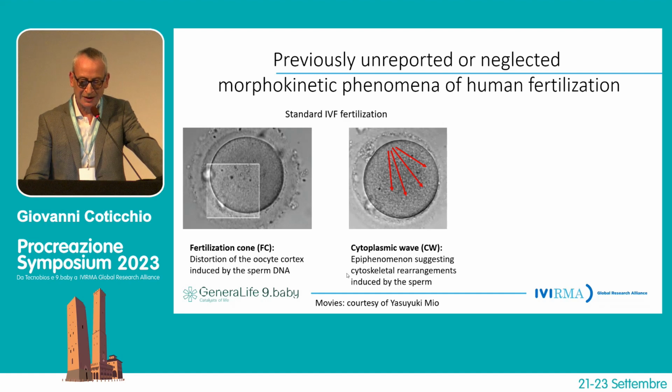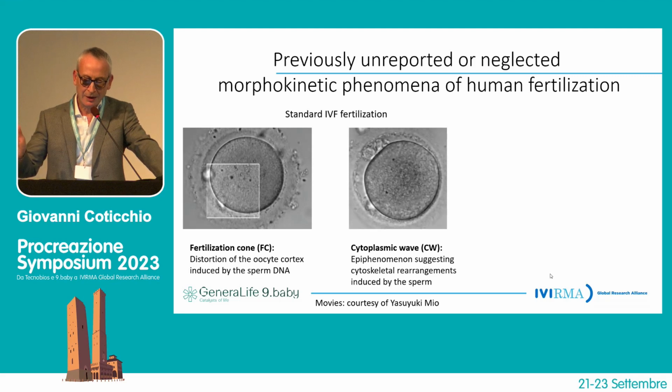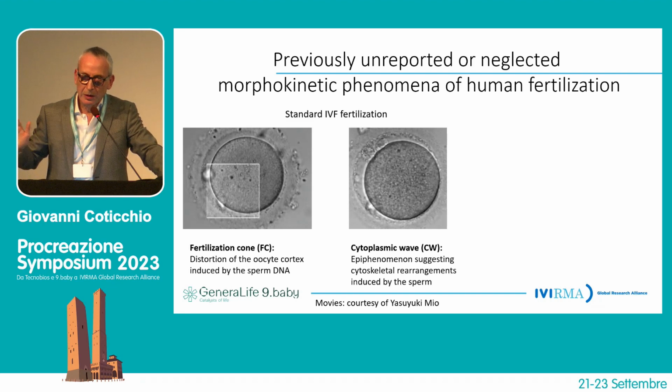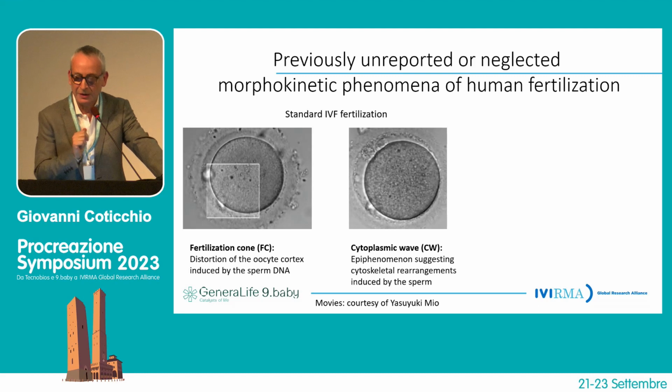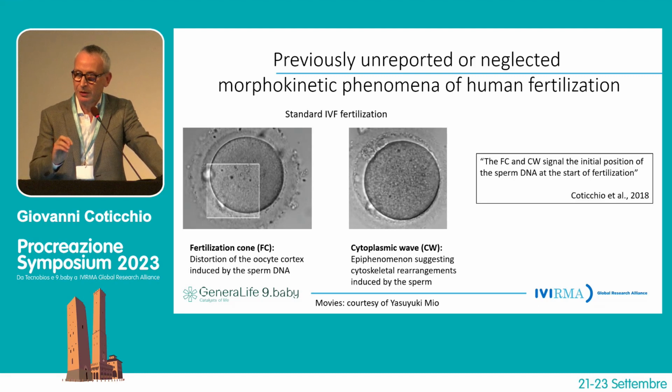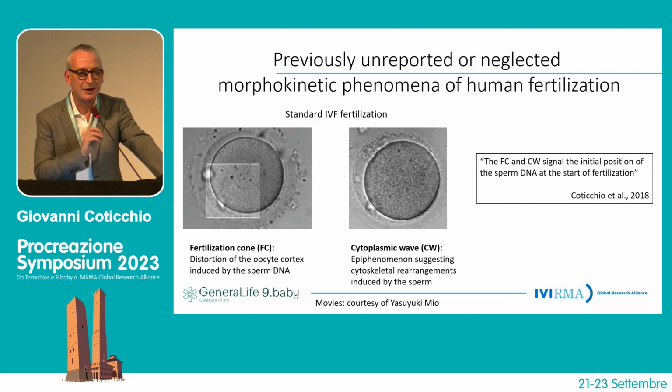On the contrary, the cytoplasmic wave is something that, after fertilization, generates a kind of tidal wave of the cytoplasm, or again, cytoplasmic particles that go all the way across the oocyte cytoplasm. The prediction in this paper was that the fertilization cone on the left-hand side and the cytoplasmic wave together could signal the initial position of the sperm DNA at the start of fertilization.